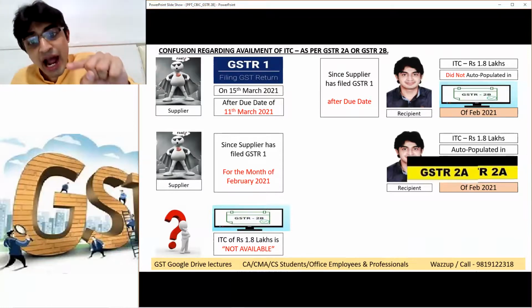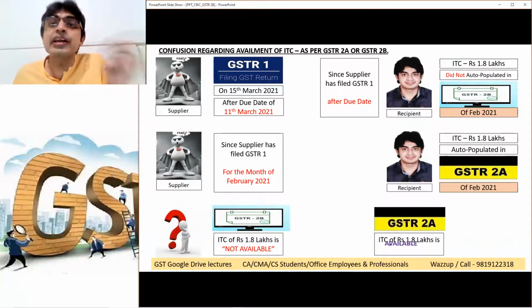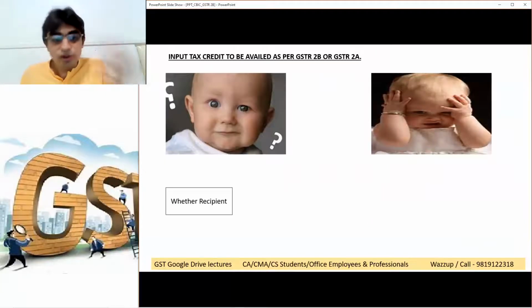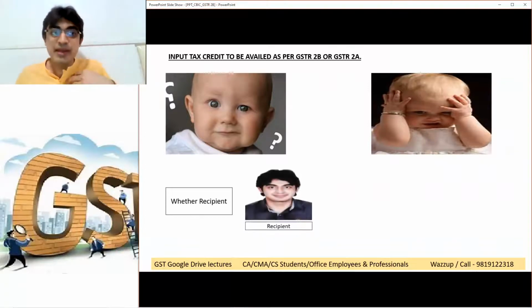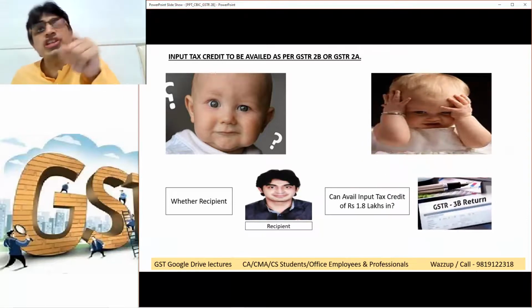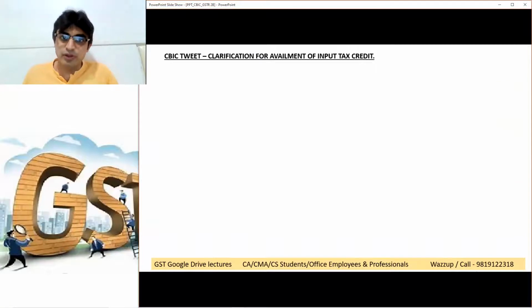But in my GSTR 2A of Feb 21, this ITC of 1 lakh 80 is available. So what to do? There is a confusion. No answer. As a recipient, whether I can avail the ITC of 1 lakh 80 in GSTR 3B of Feb or should I avail in March? What is your opinion?